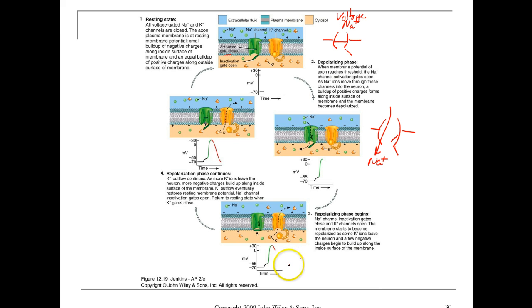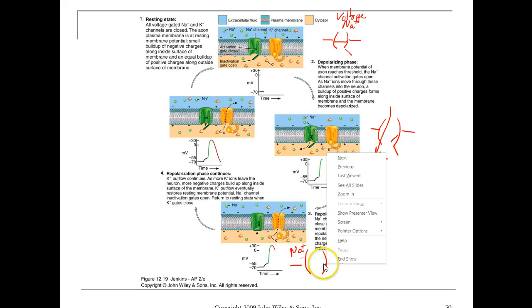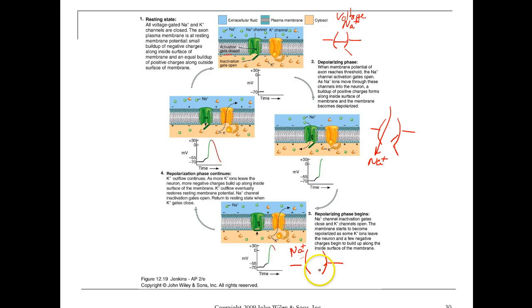If we look at our sodium channel, here's our cell membrane, here's the channel. Once again, this is the voltage gated sodium one. Now our activation gate is still open, but our inactivation gate has closed.